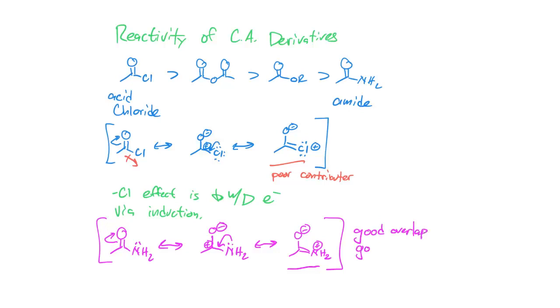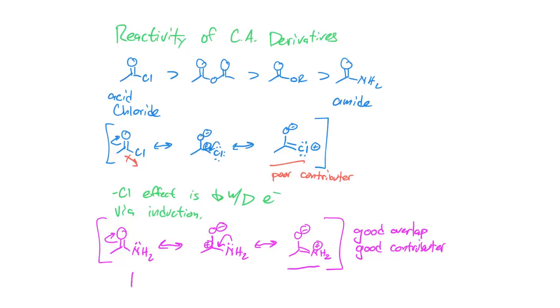This is a good contributor. So now, instead of two good resonance structures and one really okay resonance structure, I have three decent resonance structures, and they can all combine to give me the overall picture of the electronics in the amide structure.